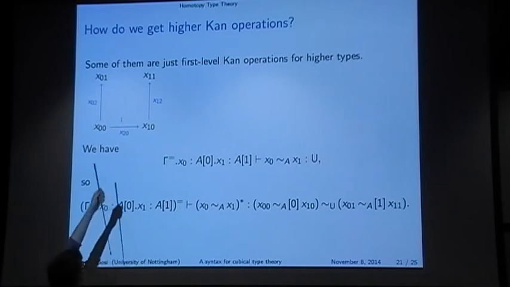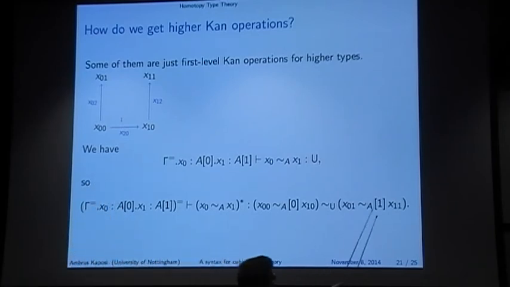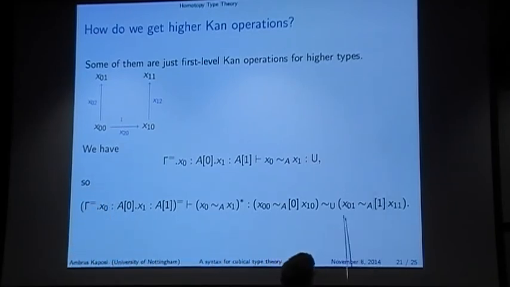And also we can fill the other direction, because we also get a coherence from this type to this type. So this particular Kan filler is a special case of a first level Kan filler for the universe, but for a higher type.